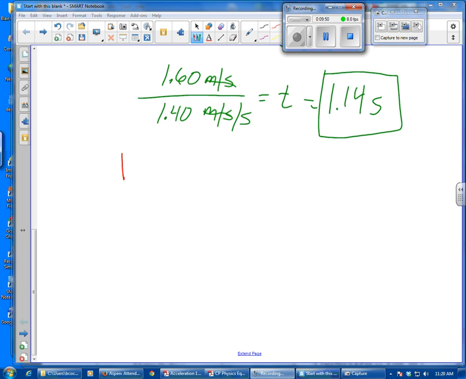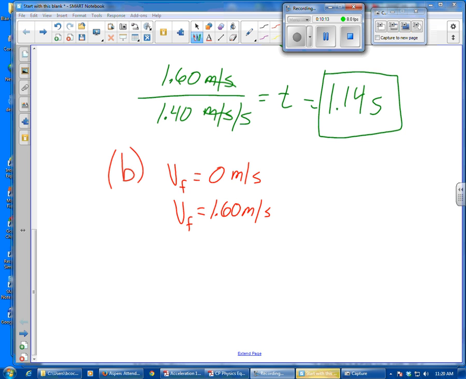In part B here, she's now braking to a stop in 0.8 seconds. So if I do my little inventory, I know the B final, she's stopping, so that's 0 meters per second. She's starting just from where she was, so that's at 1.60 meters per second.